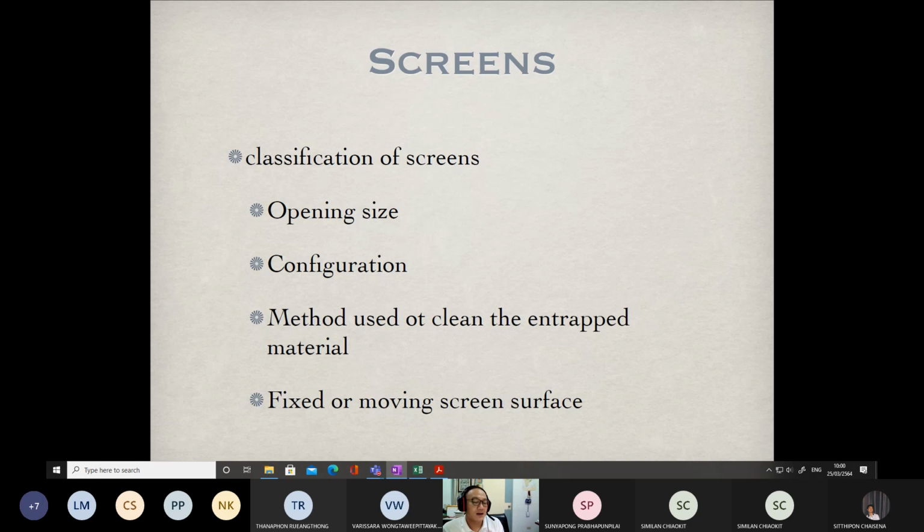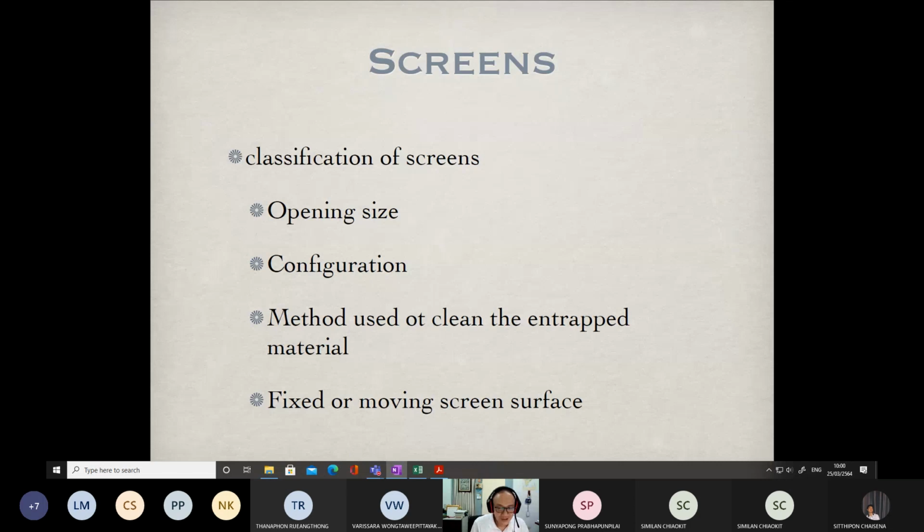With some kinds of screens, the operators have to do it by themselves. That is manual cleaning. Once a day, the operators have to remove the trash which may get entrapped. That is labor cleaning, but not mechanical cleaning.